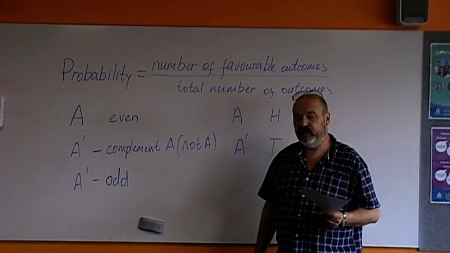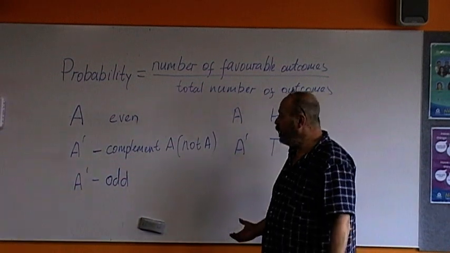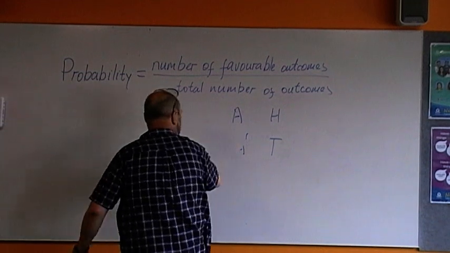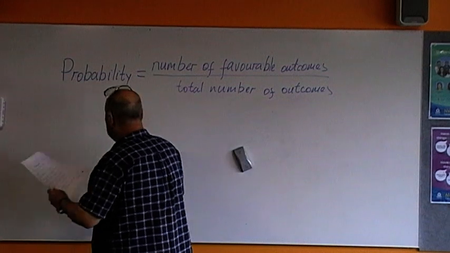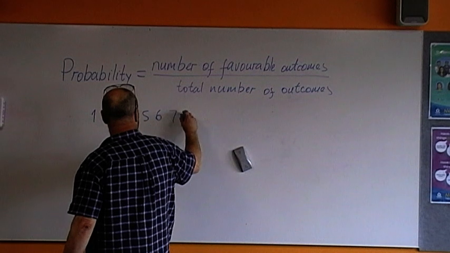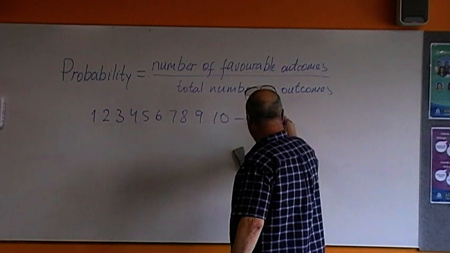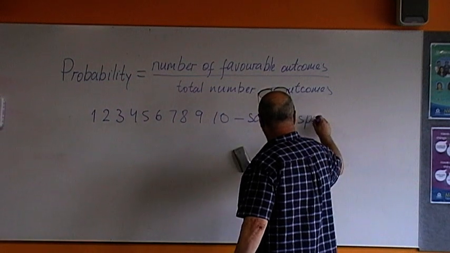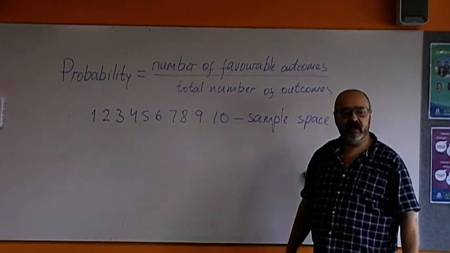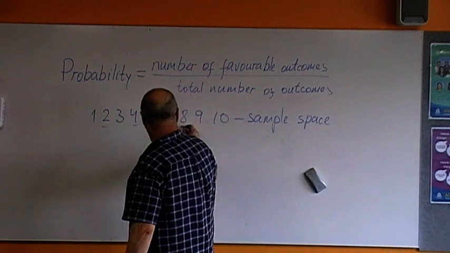What will be the probability of selecting a multiple of 2? To answer this question, our sample space, so all possible outcomes, are 1, 2, 3, 4, 5, 6, 7, 8, 9, 10. That's called the sample space, all possible outcomes. How many of them are multiples of 2? 5. So it's 1/2.